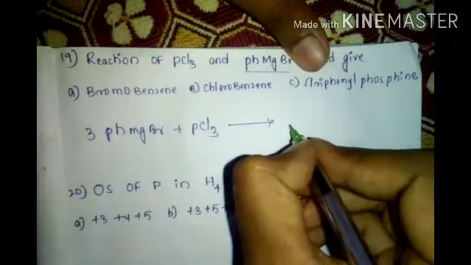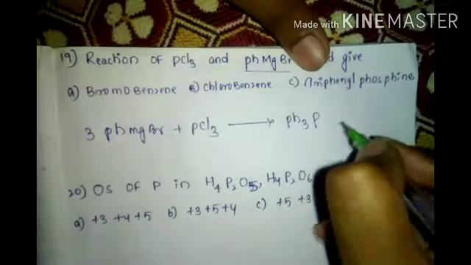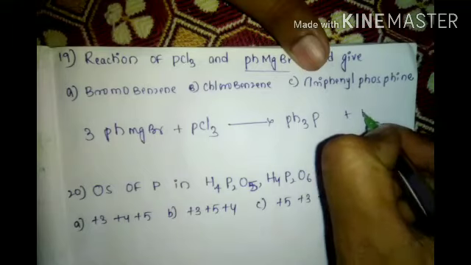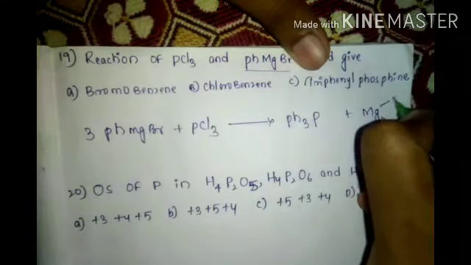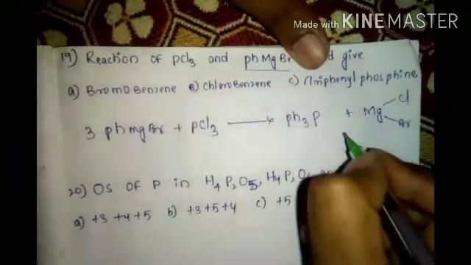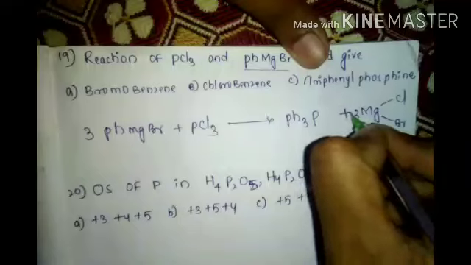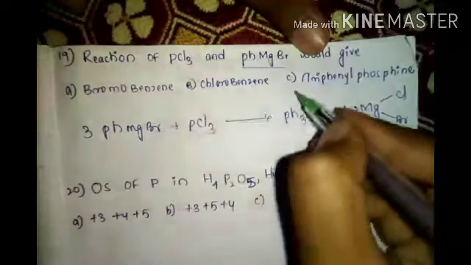Okay, so Ph3P with MgBrCl, 3 moles. So triphenylphosphine, option C correct.